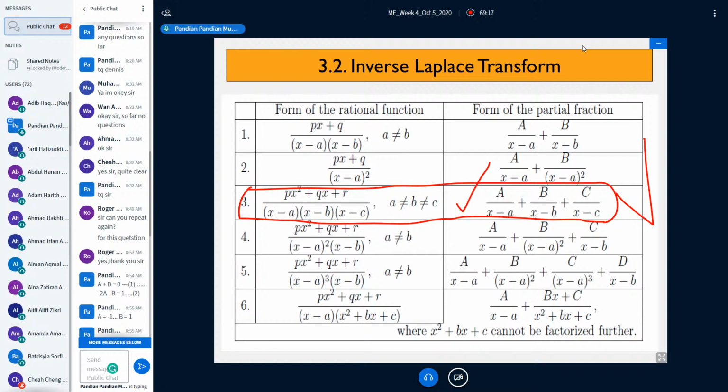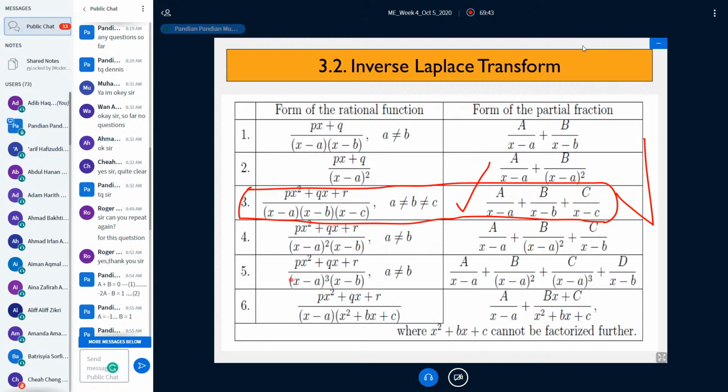Also very important, because you cannot use as you like. You must select from here. But if you find the form is not here, 1 to 6, then we cannot do it at this moment, because we are given only these 6 forms.